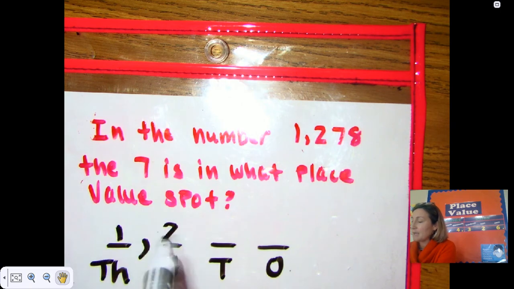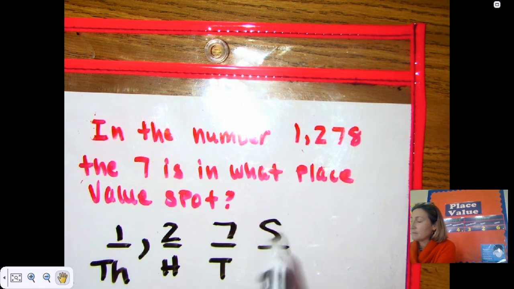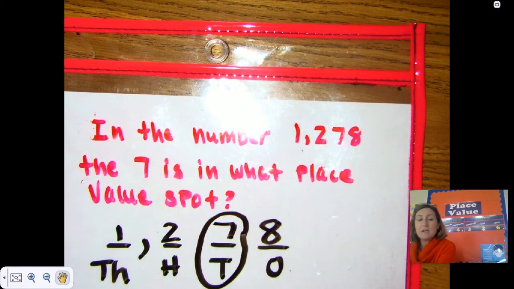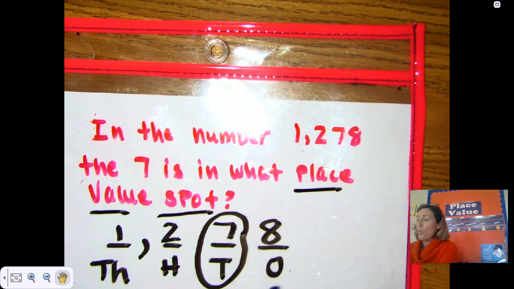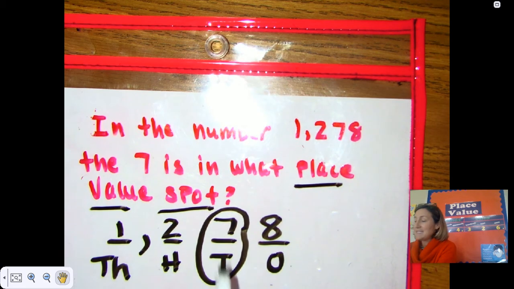I would plug in my number. And they're asking us about the 7. So what place value spot? Ones, tens. So the 7 is in the tens place.